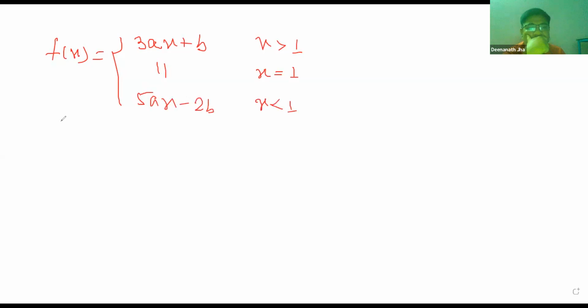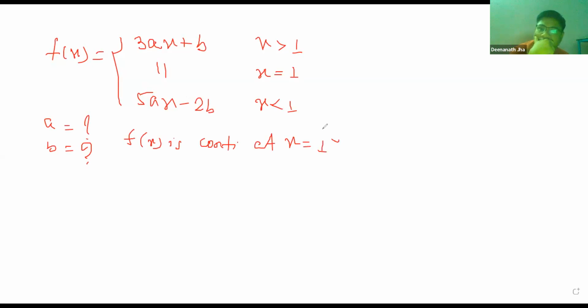You have to find a and b such that f(x) is continuous at x equal to 1. I think all three of you must solve this question without any error.